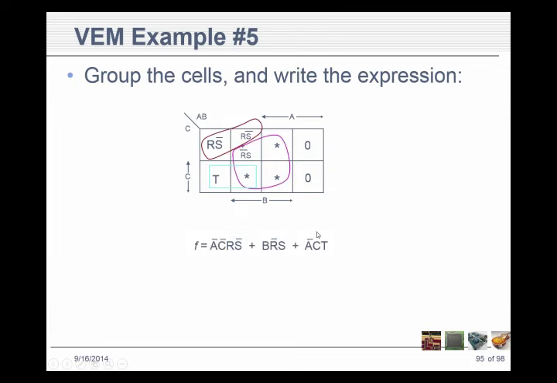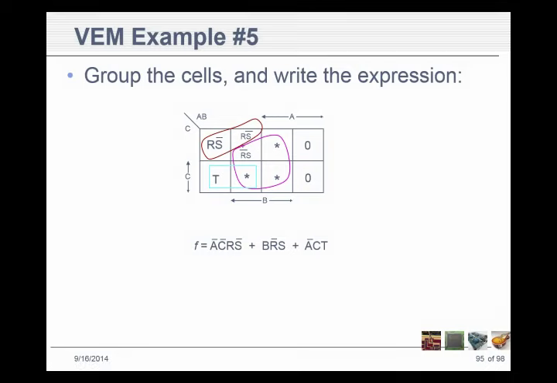So I did that and got A not and C and the T. Here they're identical, so that would be like these two cells, which would be A not and C not and R and not S. And then this one is B and whatever this one is, R not S.